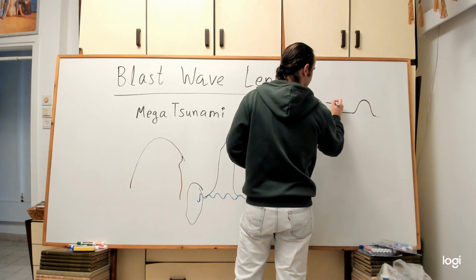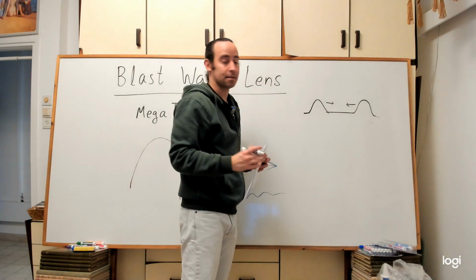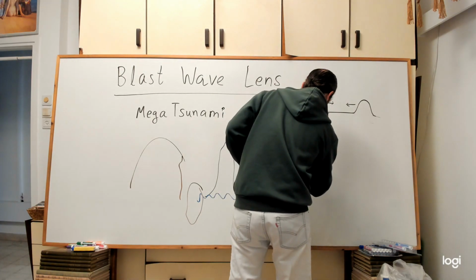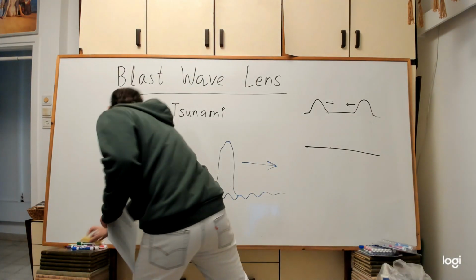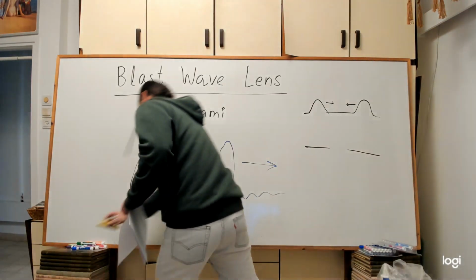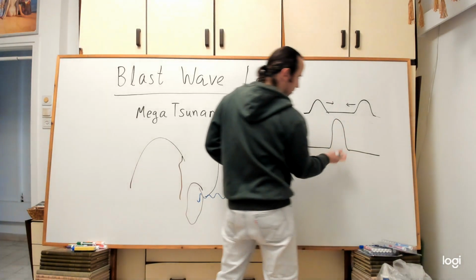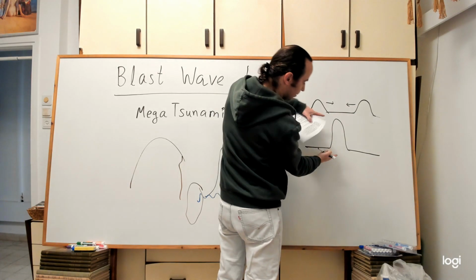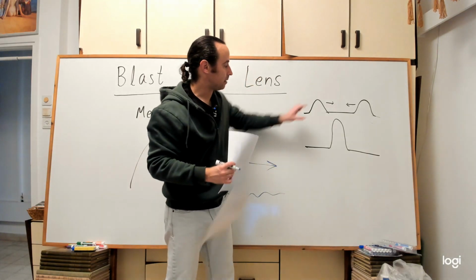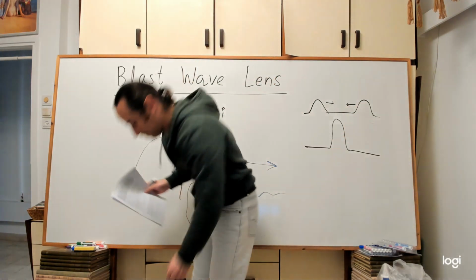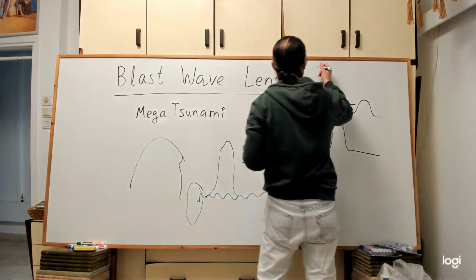If they meet, and I drew them in the same phase, they make up a twice as big disturbance. The amplitude, the distance from here to here, is the height of this plus the height of this. And so this is constructive.